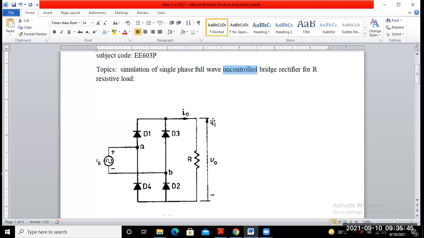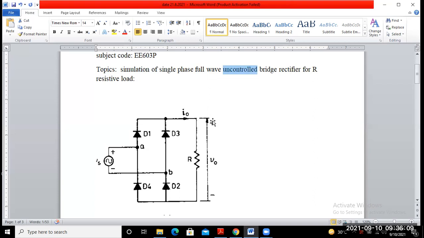That means we control the conduction period of the power electronic switching devices. If you use a thyristor or other transistor family devices, we are required to supply a gate pulse.